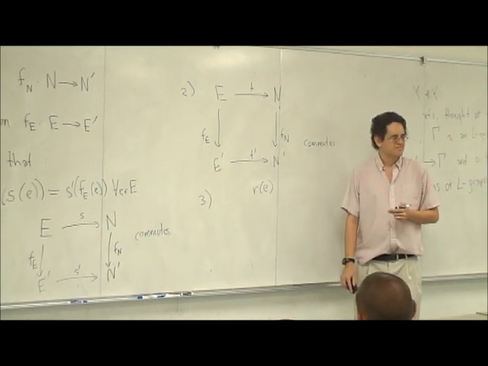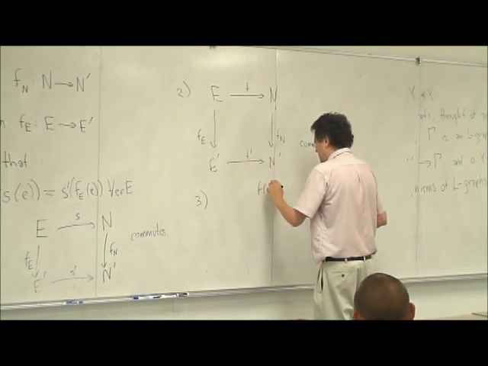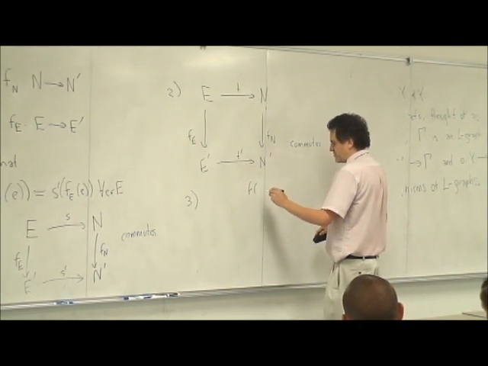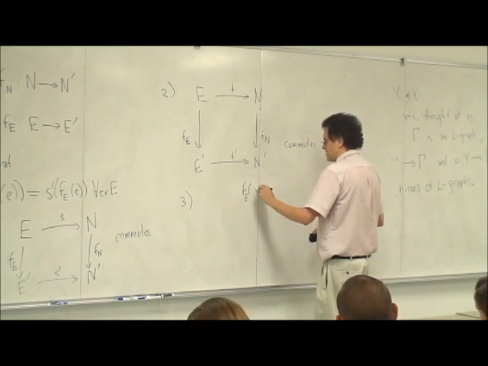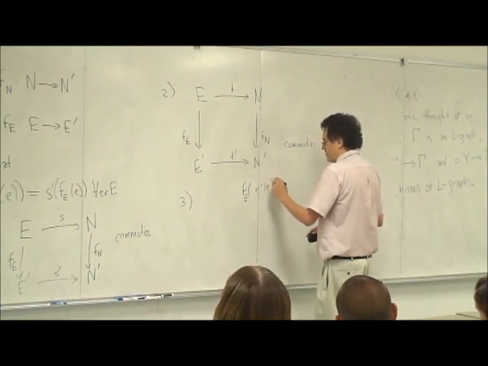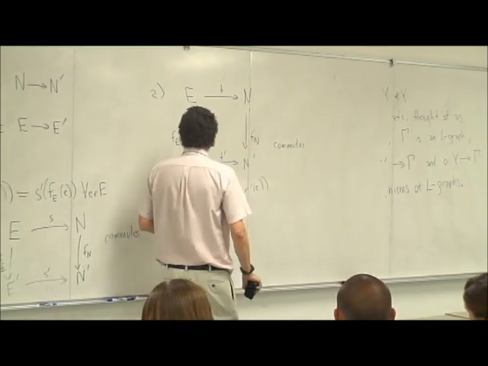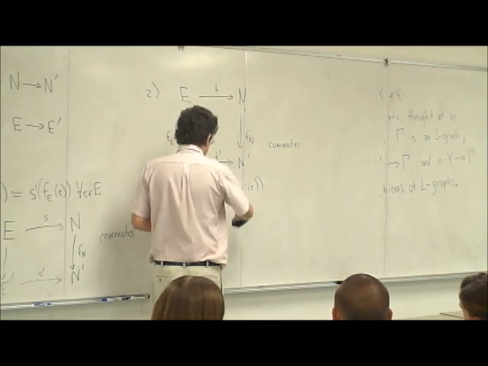Think about f of e of r prime, say, of little e equals r. Wait. Say that again. f sub e of r prime of e. No. You can't, r prime of e is a label. You can't apply a function on edges to the label.